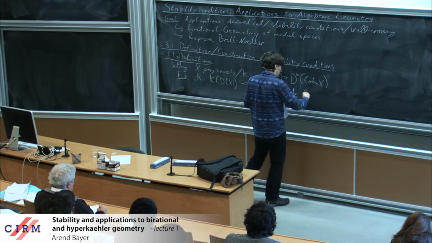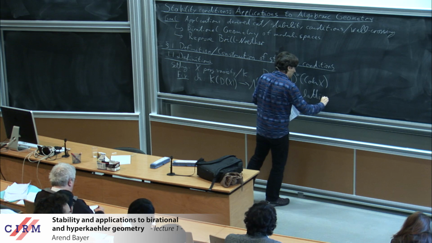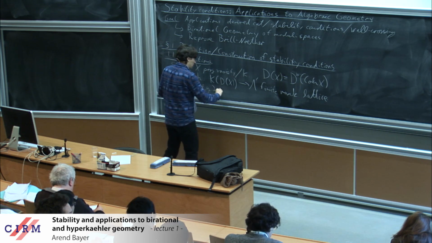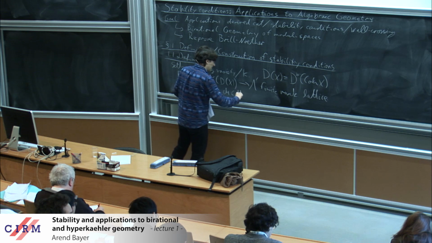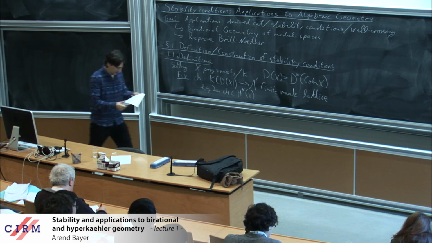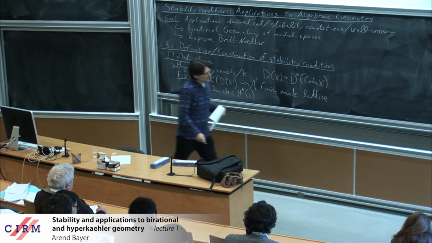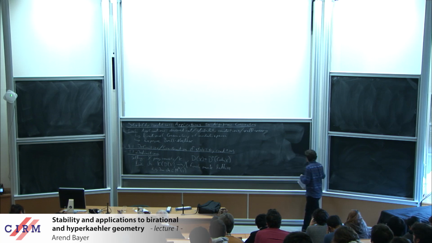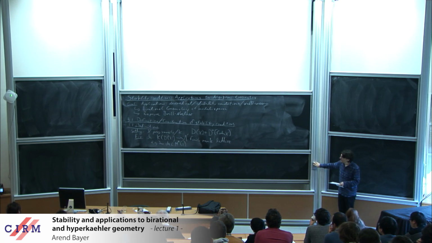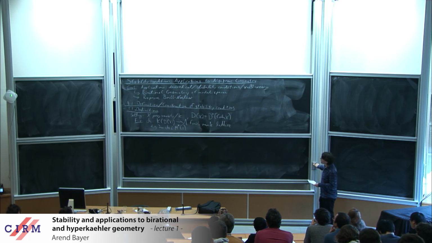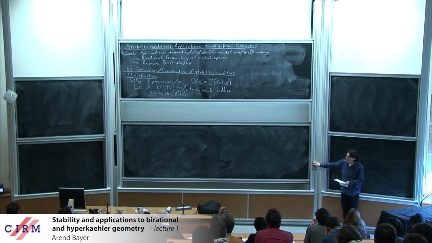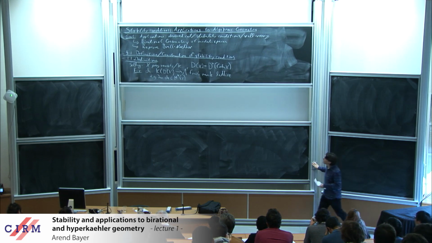It could be something like a Mukai vector, or I could take the image of the usual Chern character inside the cohomology of X. I'll now give you the definition of stability conditions, and then relate all the properties back to algebraic geometry by constructing these for surfaces in the second half of the talk.